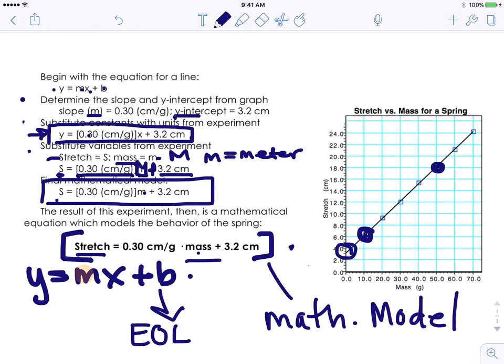It's the template you follow to make that mathematical model. Your y, your m, your x, your b are all specific to the graph that you're analyzing. So that's the difference.